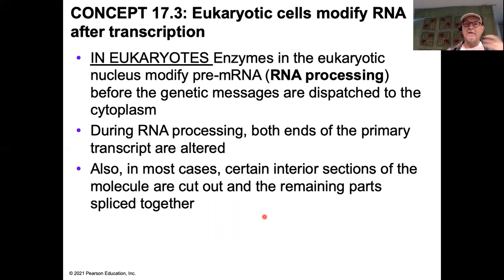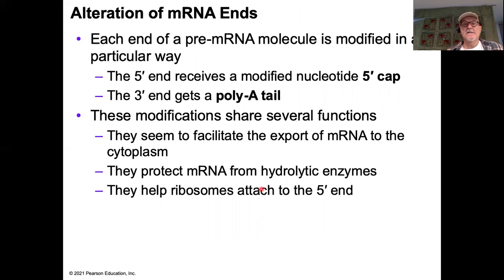The first thing that happens is the ends of the messenger RNA molecule are altered. They have things added to them. A cap is added to the 5' end, and then a long chain of adenines is added to the other end.